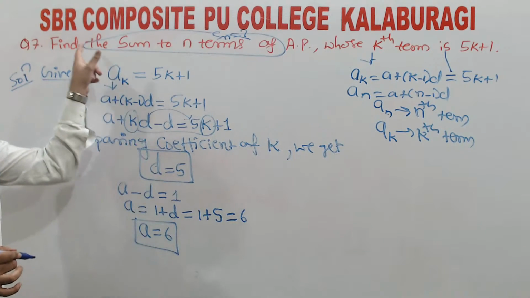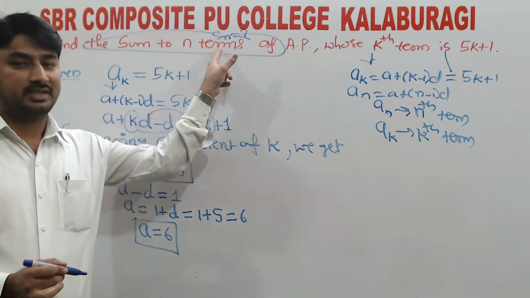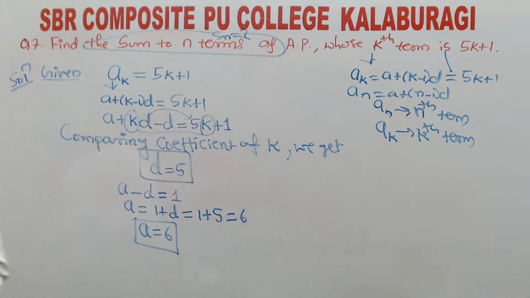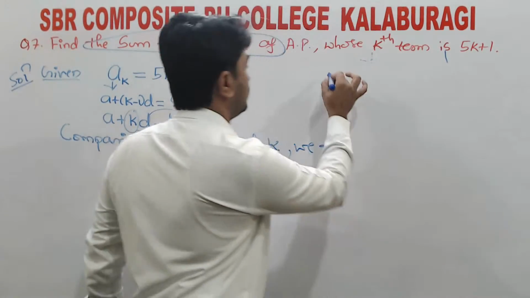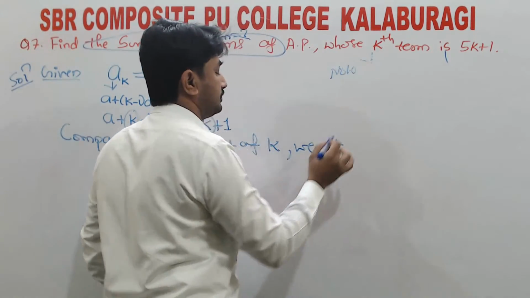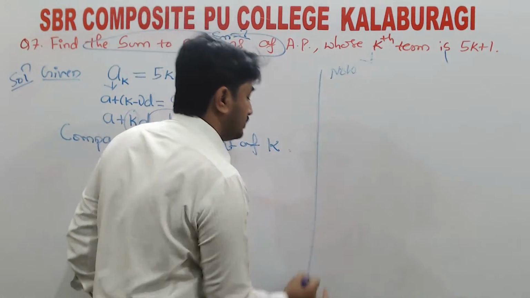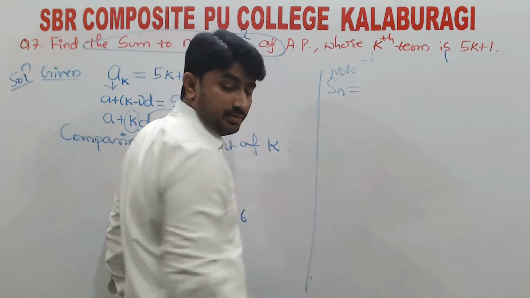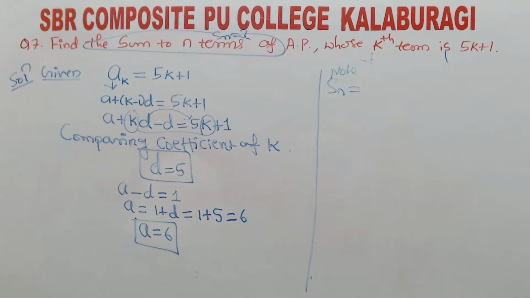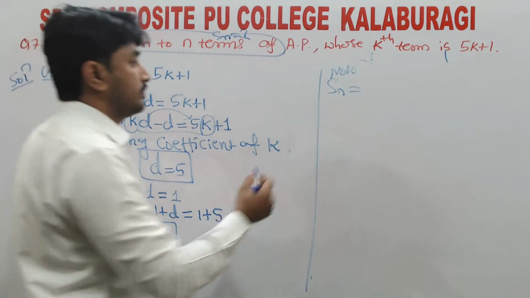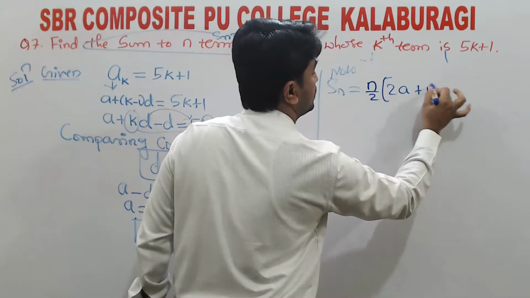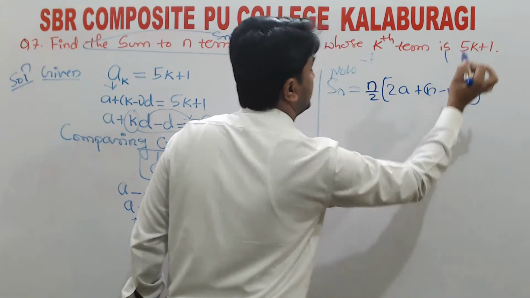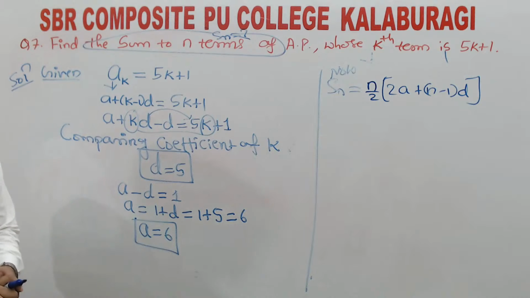Now we have to find the sum to n terms, that is, the value of Sn. Sn is equal to n by 2, 2a plus n minus 1 into d, is our sum formula.